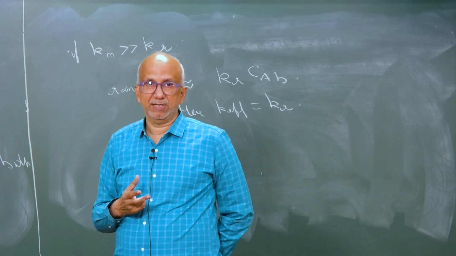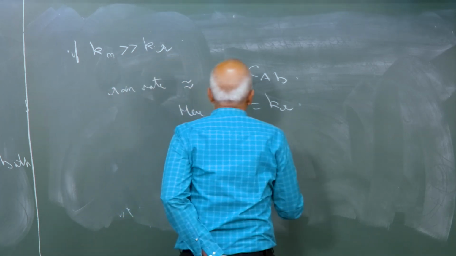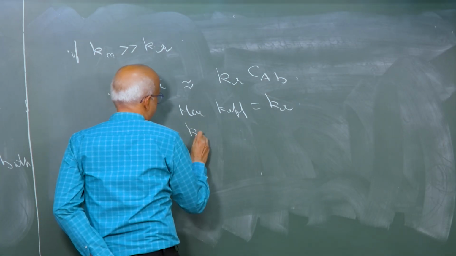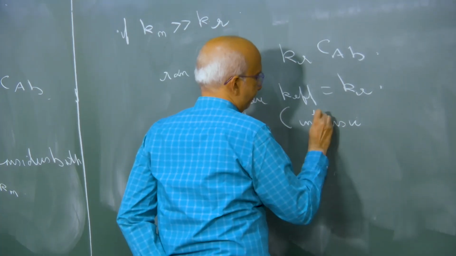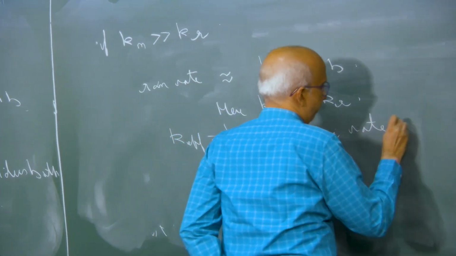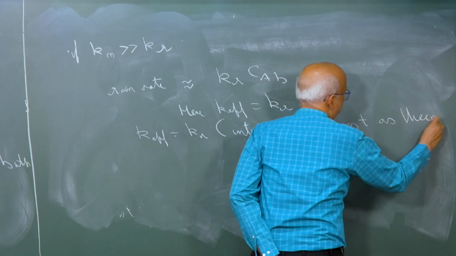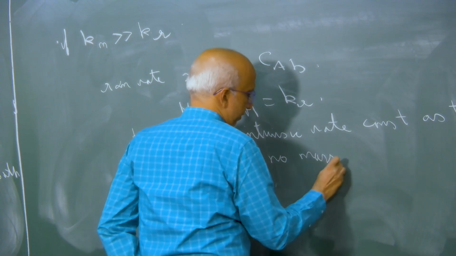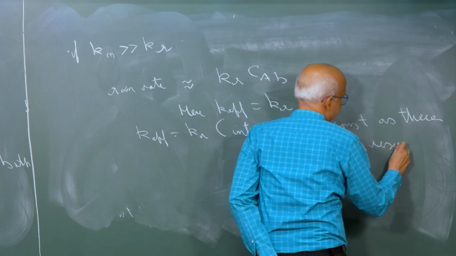Why is there no mass transfer resistance? Because Km is very high. Okay. So, K effective equals Kr, the intrinsic rate constant, as there is no mass transfer resistance.